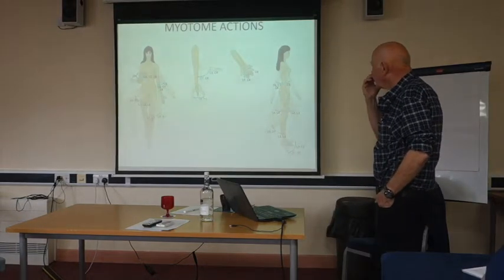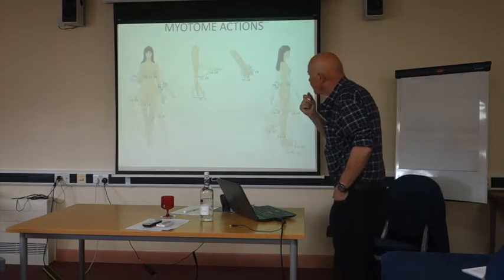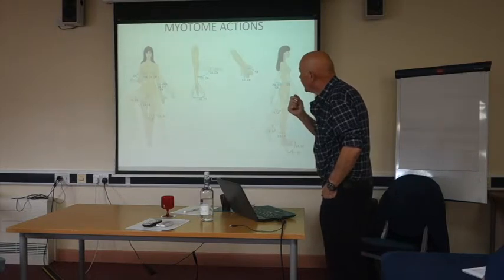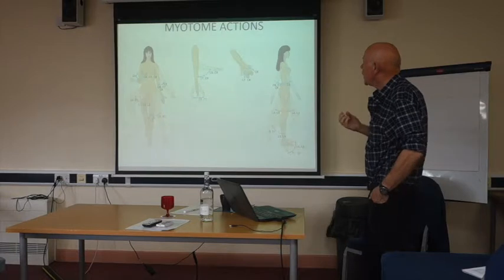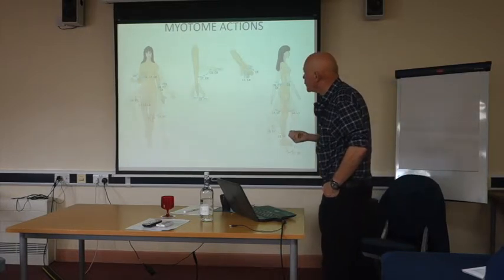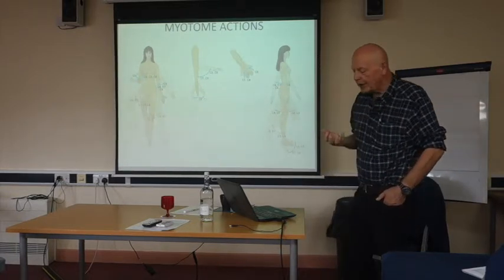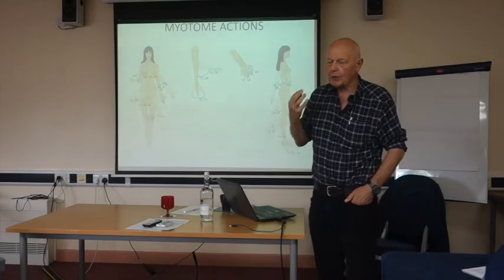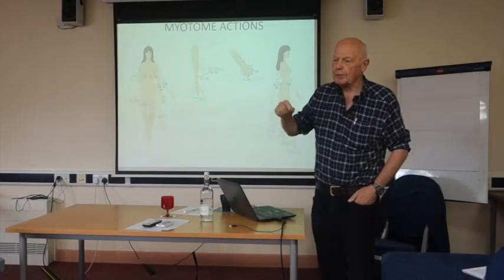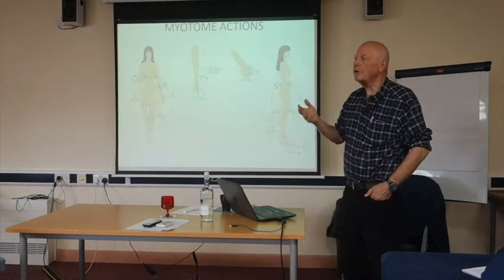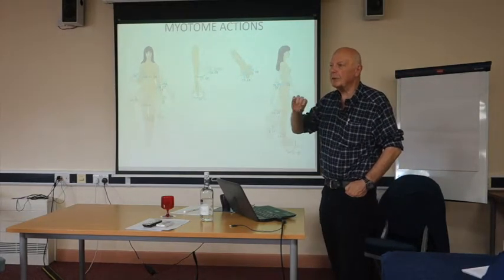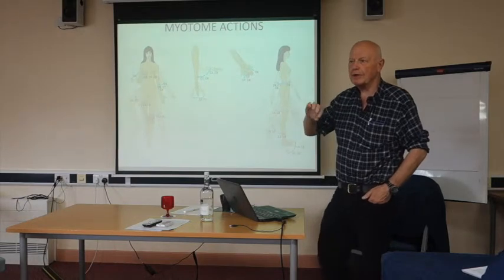Myotomes are the areas or the muscles served by a particular nerve root, and so it's useful to have. You only really need to test the power in one myotome to prove the source, if you like. If we're talking about neurological things, obviously, if we're talking about individual muscles having a problem, it's a bit different.